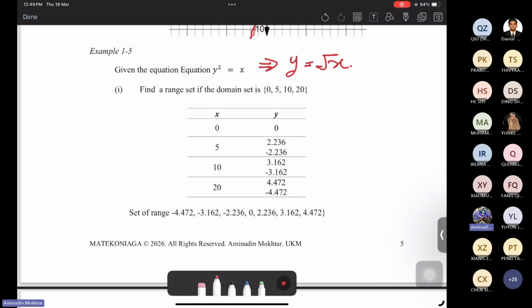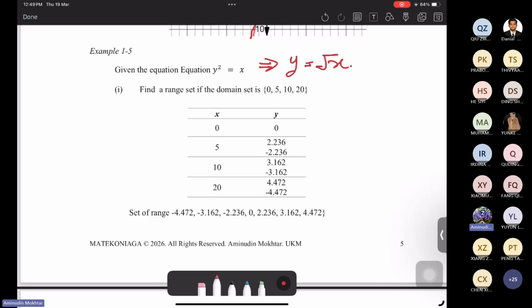And then since we have the domain 0, 5, 10, and 20, when x equals 0, y also equals 0. In this case, you need a scientific calculator.